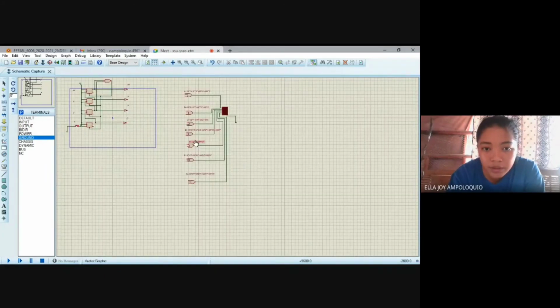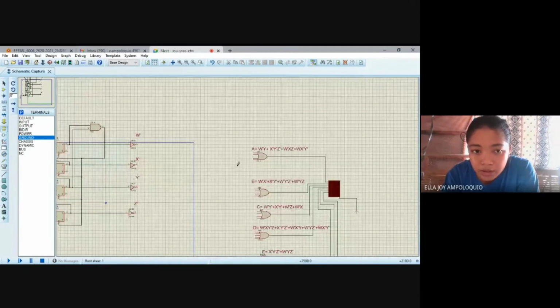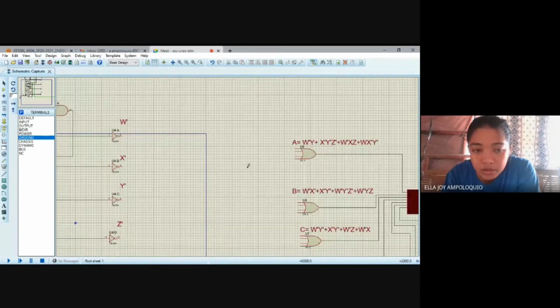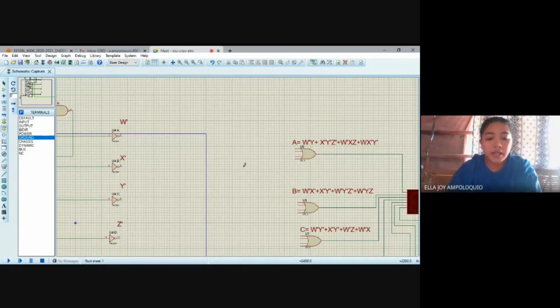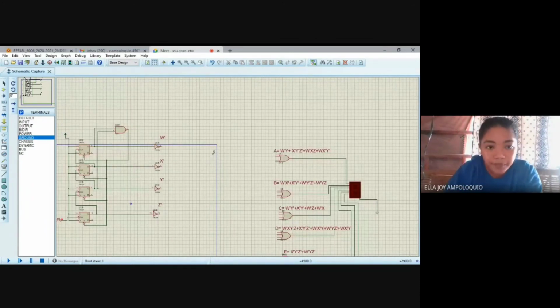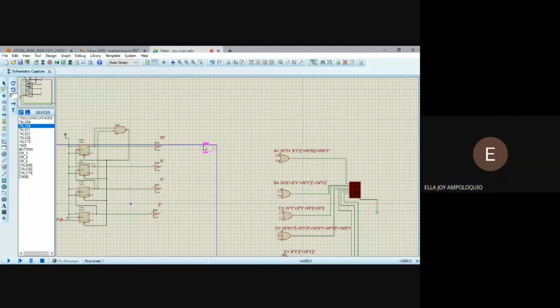So now that I have the different equations, first I will connect the letter A. Since we have W prime Y, I will use the AND gate with 2 inputs, the 74LS08. Put it here.